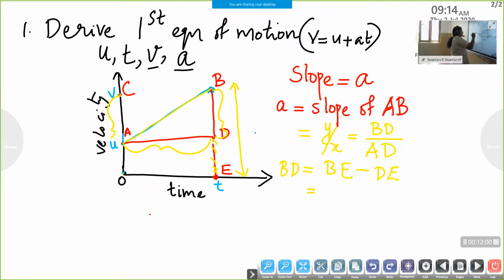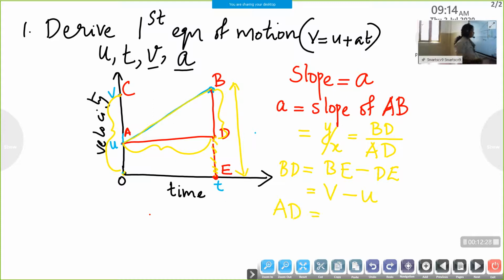So BE is V minus 0, which is V. And DE is U minus 0, that is U. So you got V minus U. So BD is V minus U. And what is AD?